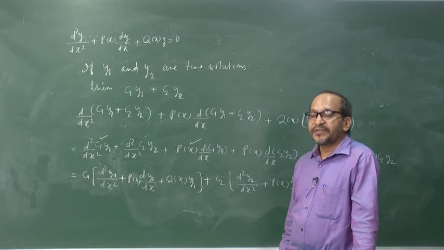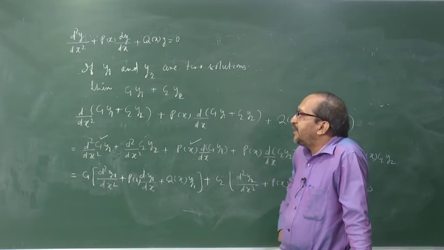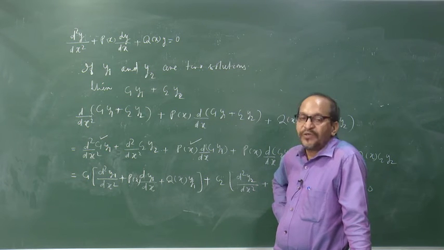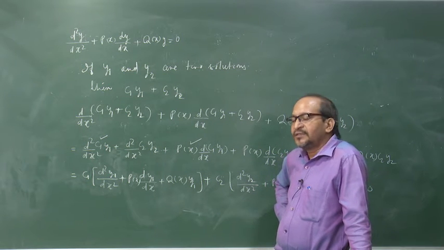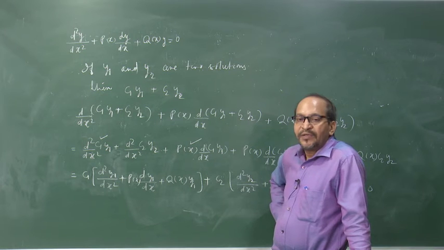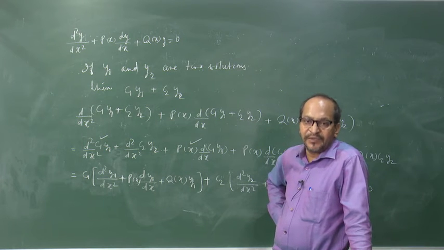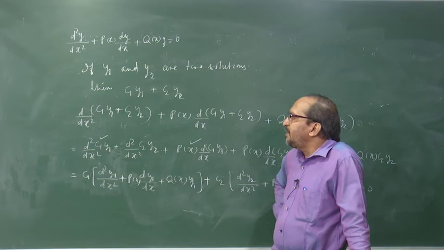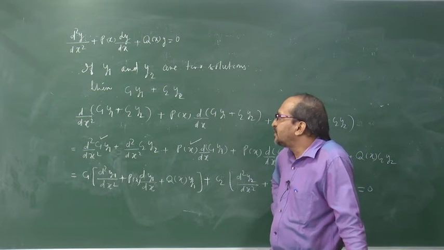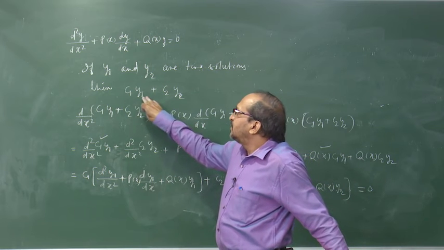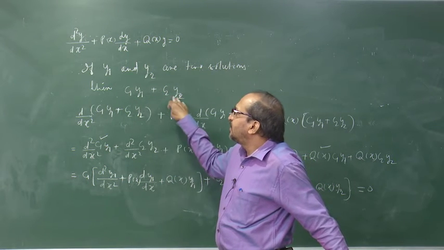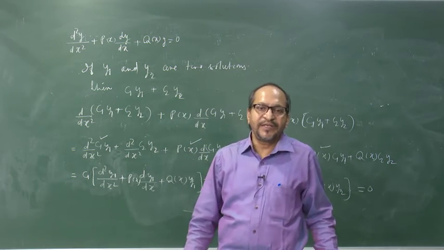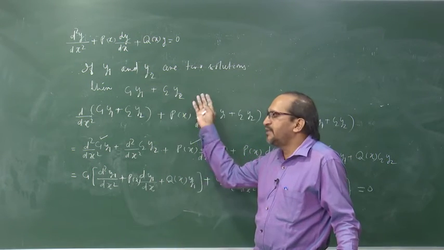Now, we shall discuss the dependence and independence of these solutions. If y1 and y2 are two solutions, they can be either dependent or independent. If they are independent, then we can always write them in terms of a linear combination like this, but if they are dependent, we cannot express them as a linear combination like this.